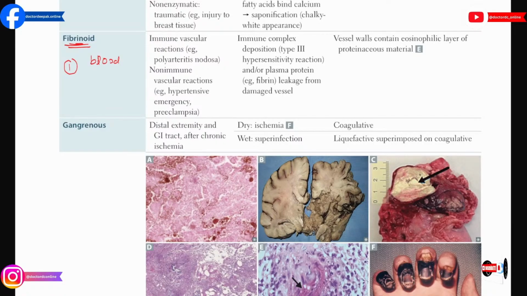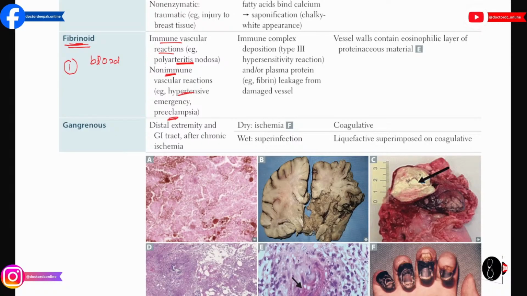They can ask you in the exam, can you give an example of fibrinoid necrosis? Basically, there are two main causes in which you can see fibrinoid necrosis. One is an immunovascular reaction like polyarteritis nodosa, which is an immunological problem. The second is a non-immunological problem like hypertension or preeclampsia.